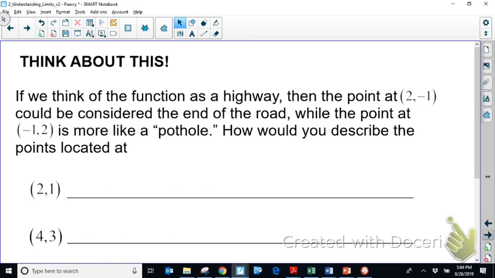If we think of the function as a highway, then at the point 2, -1, you can consider it the end of the road. At -1 and 2, it's like a pothole. At 2 and 1, I would say it's a dead end, and at 4 or 3, I would say it's just a bump in the road.